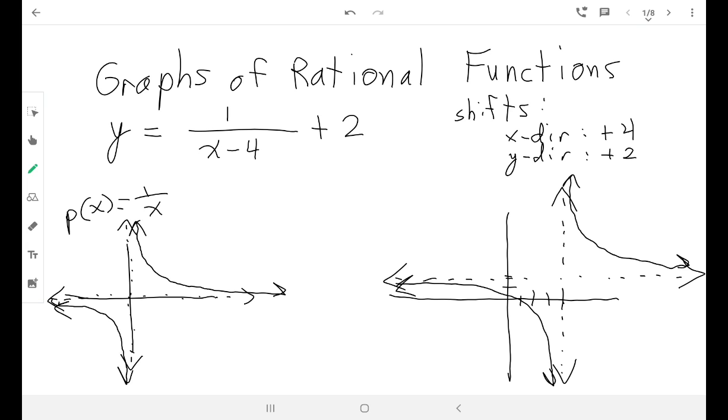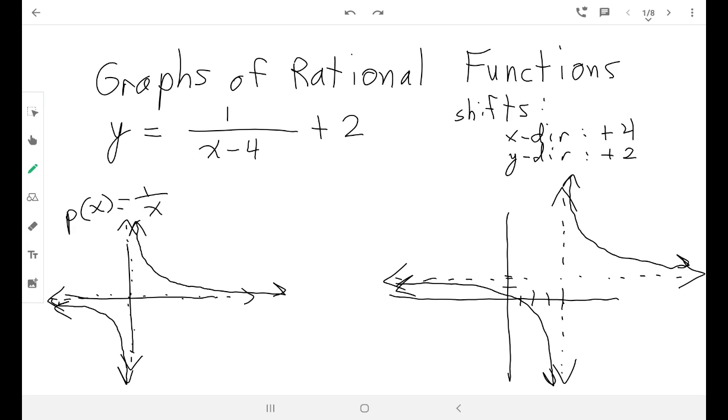Now, if I were to put a negative out there, and I won't keep it there, what would happen is it would flip in the y direction because that negative is out here away from the x. And so up would become down and down would become up, and that's what negatives do. If I were to get multiplication going on, if I were to multiply this by something, then I would get stretching or shrinking, depending on how that works.